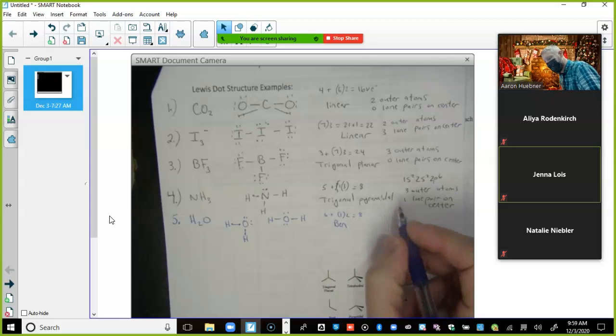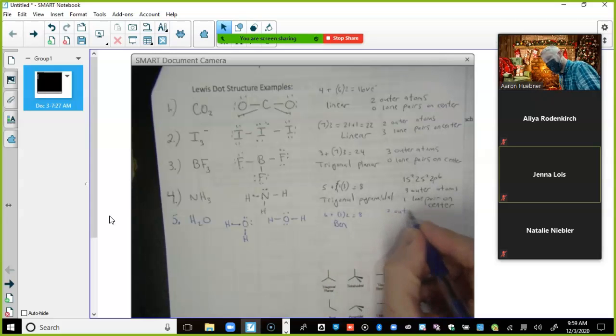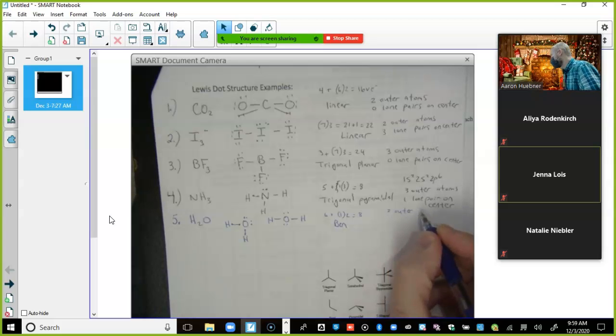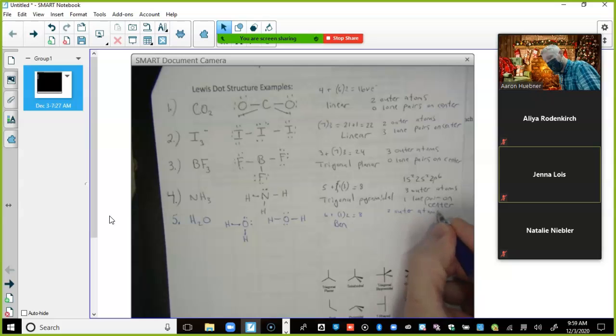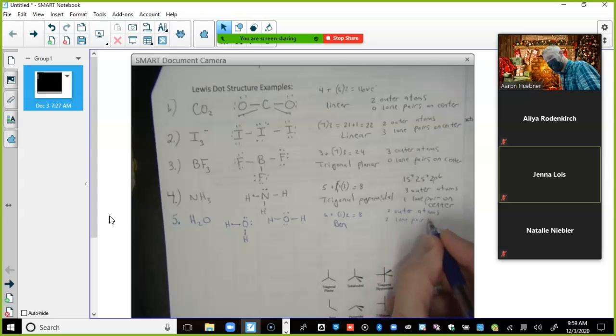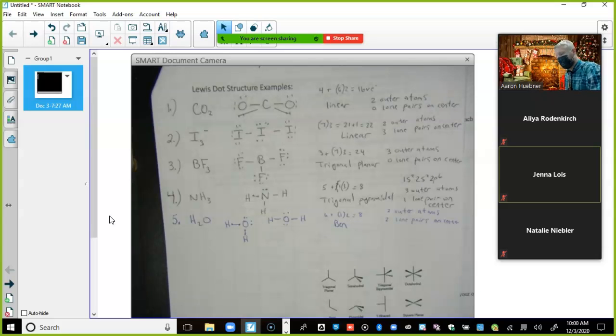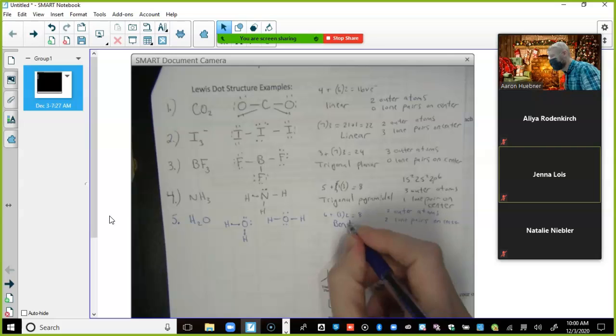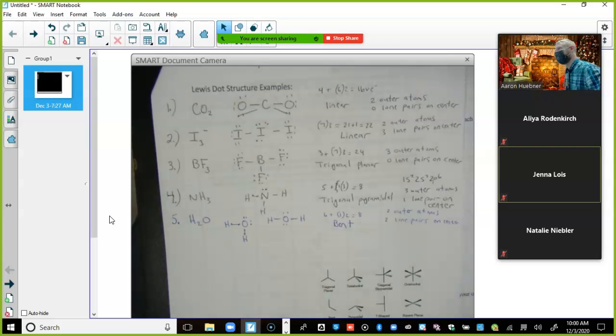And the rule of thumb is 2 outer atoms, also called terminal, but that can be a confusing word, so I just say outer. 2 terminal atoms, and in this case, 2 lone pairs on center. Bent is called bent.